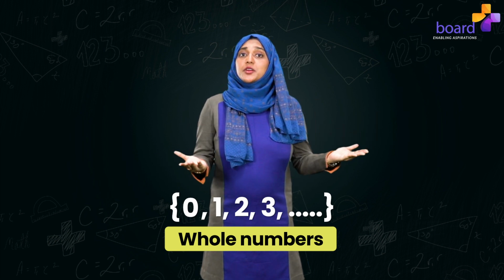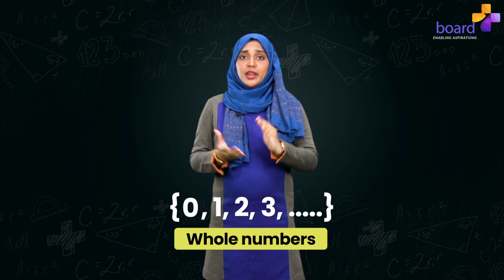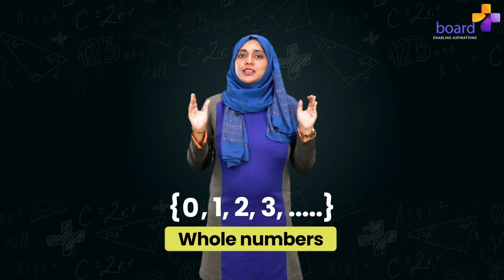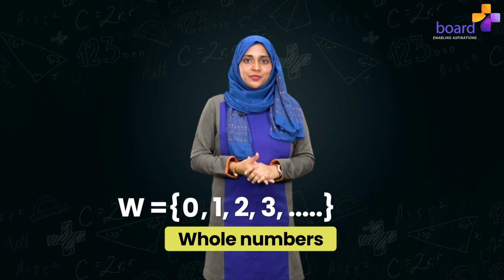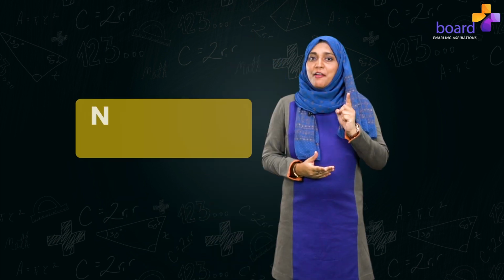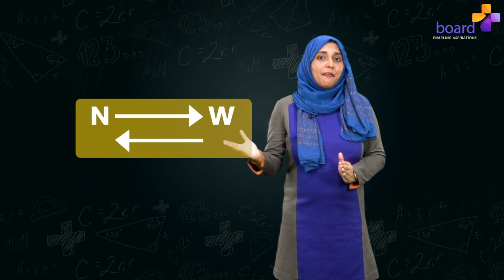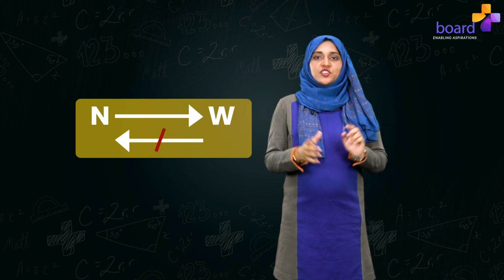All these numbers we call whole numbers. The whole number is denoted with the symbol capital W. Remember, every natural number is a whole number, but every whole number is not a natural number.